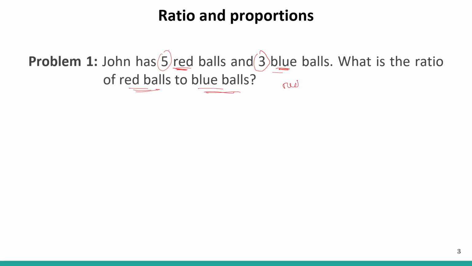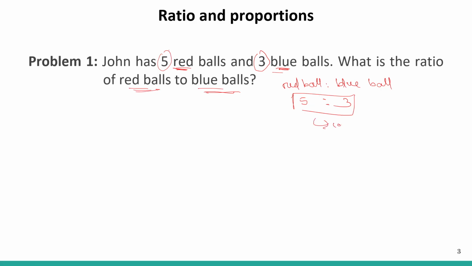So red ball is to blue ball, what is it equal to? Number of red balls is 5 and number of blue balls is 3. So the ratio of red balls to blue balls is 5 to 3, or 5 is to 3.